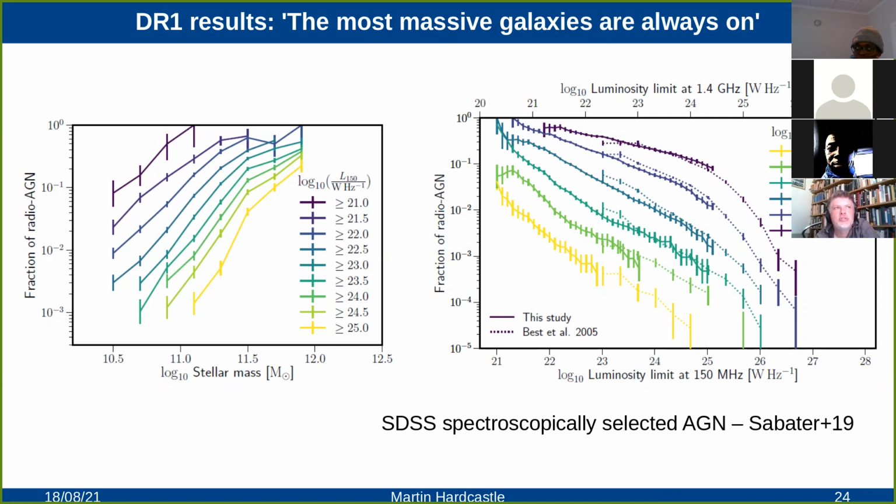We know it's nuclear, we know it's central, we know it has a synchrotron-like spectrum, but we don't even really know whether these low power things are powered by jets or by something else like a wind.